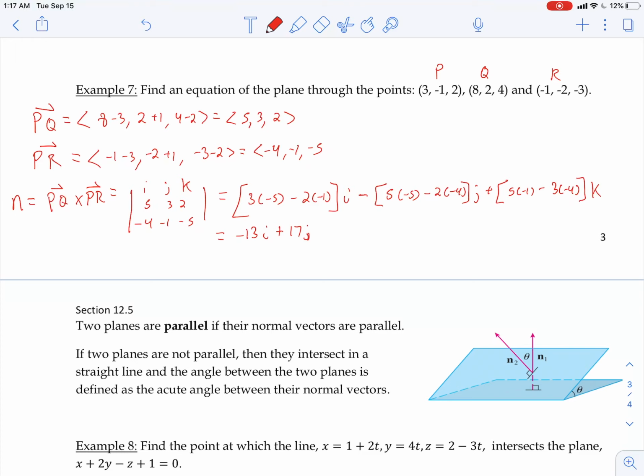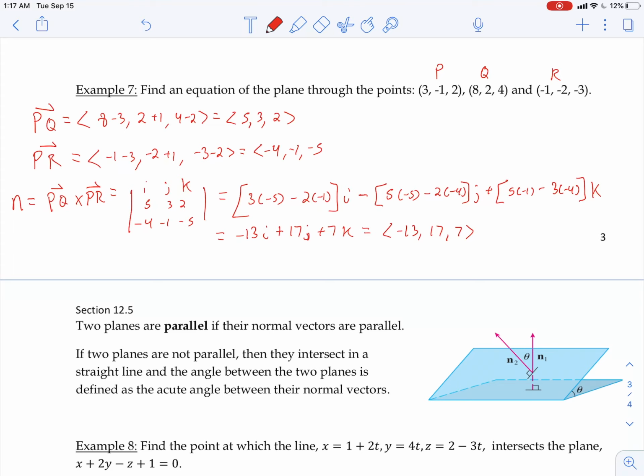And then the last bit, 5 times -1 is -5, and 3 times -4 is -12, minus a -12, so -5 plus 12 is going to be 7, so plus 7k. And here we have our normal vector. Again, you can rewrite this normal vector as -13, 17, and 7.